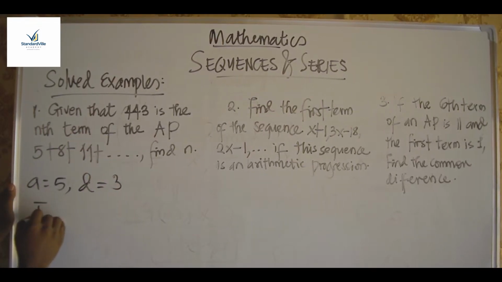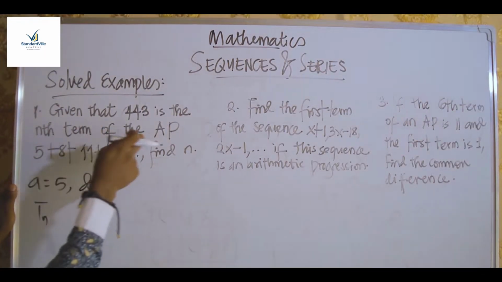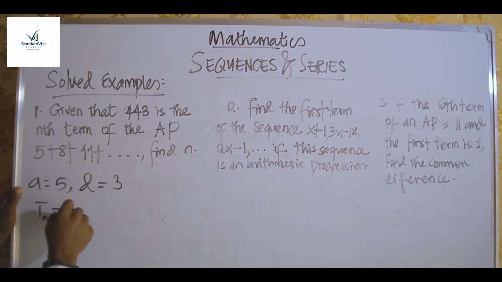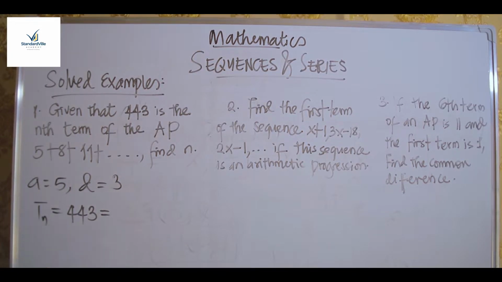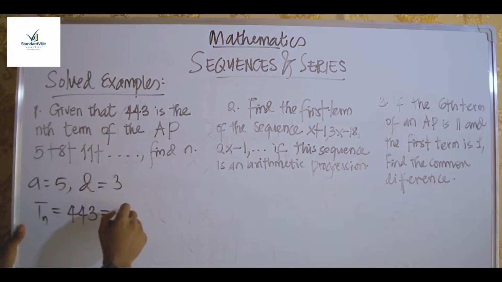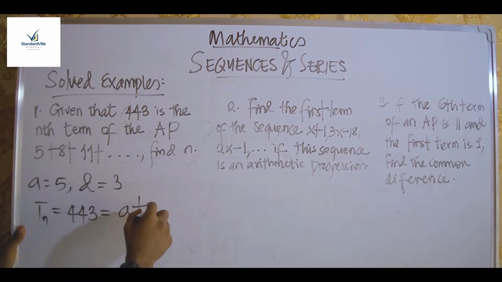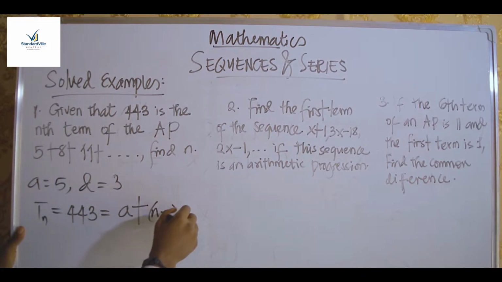So Tn, because they said the nth term, Tn is 443. And this Tn is supposed to be what? a + (n - 1)d.